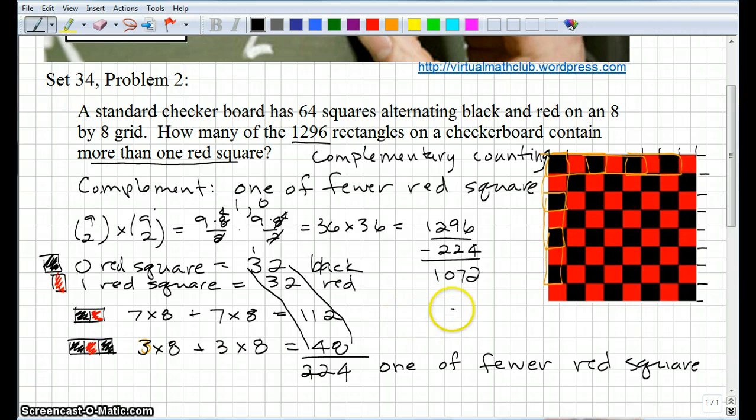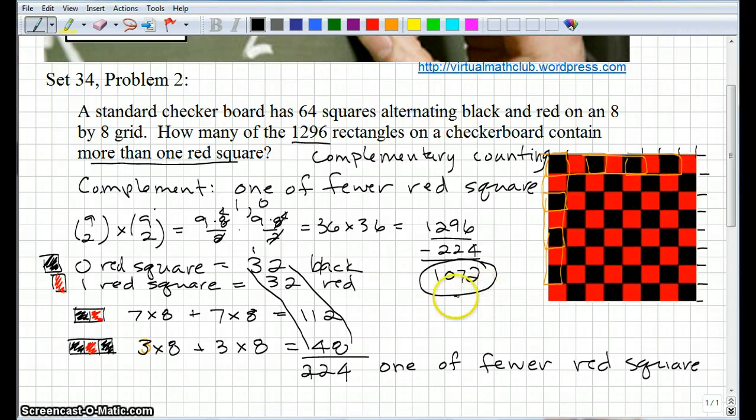Okay, so the ones that have more than one red square are 1072. Because our rectangles either have 1 or fewer red squares or more than 1 red square, right? There's no other possibility.